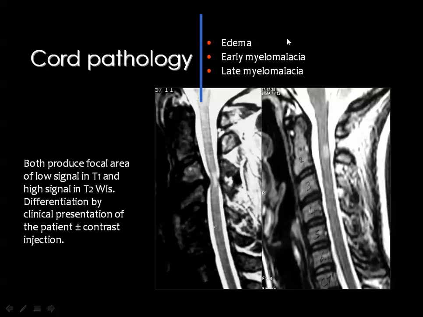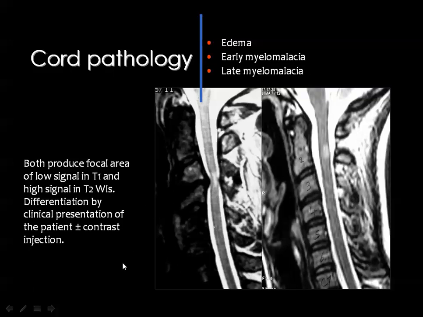Then how can you discriminate the three? Because edema is a reversible change in the substance of the cord. Also, early myelomalacia is a reversible change. If you release the compression, this shadow will regress. But late myelomalacia will never regress, because this is permanent damage of the substance of the cord.